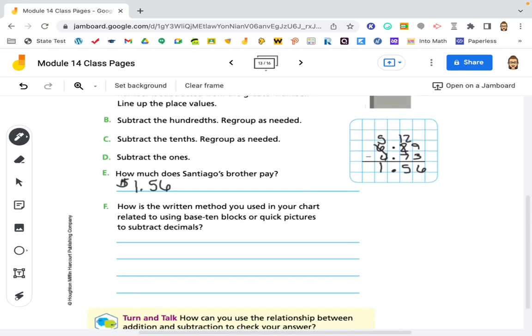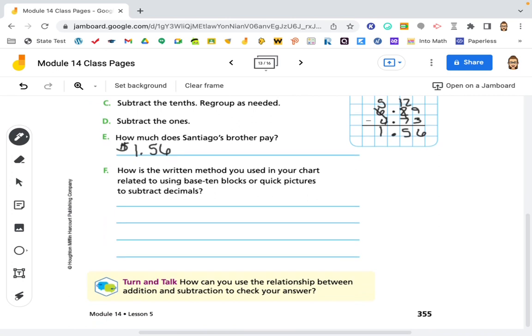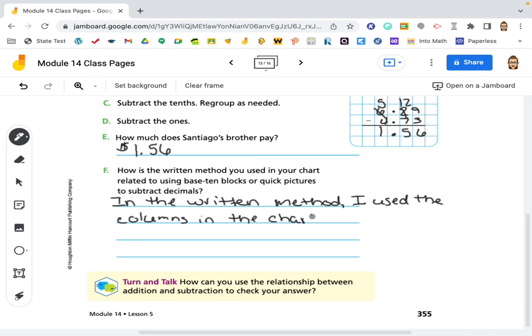So it says, how is the written method you use in your chart related to using base 10 blocks or quick pictures to subtract decimals? Well, in the written method, I used the columns in the chart to line up the place values.